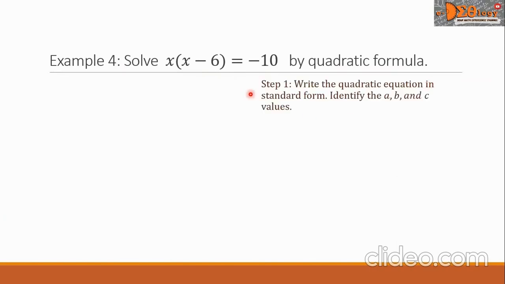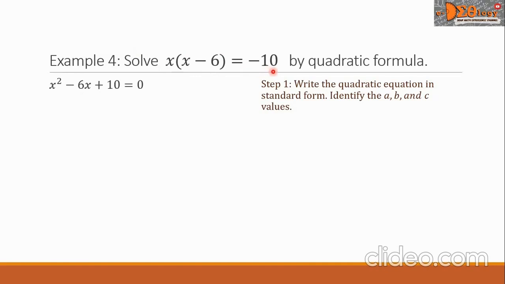Step 1. Write the quadratic equation in standard form and identify the a, b, and c values. So what we'll do is to multiply this x with x. We have x squared. Then x times negative 6 is negative 6x.